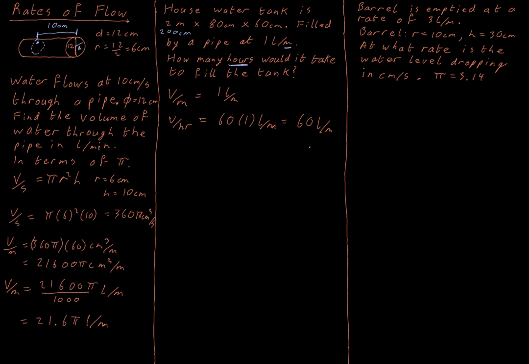And now we need to convert this to centimeters cubed so we can compare it to the volume of the tank. So there's going to be 1000 centimeters cubed here, so we're going to multiply by 1000. So that's how many cubic centimeters are being loaded into the tank every hour.